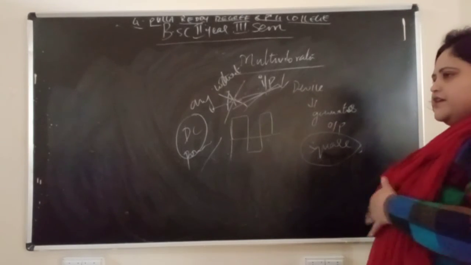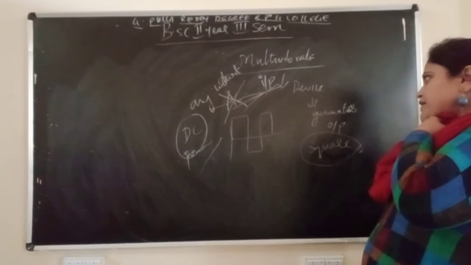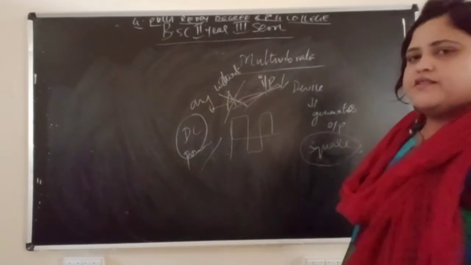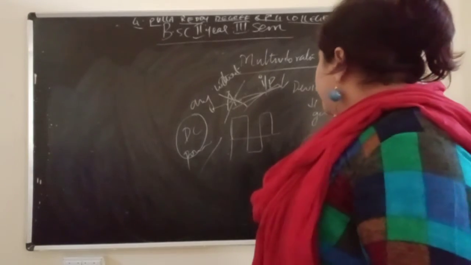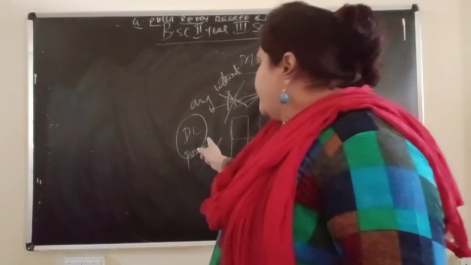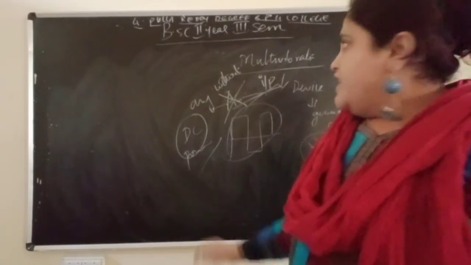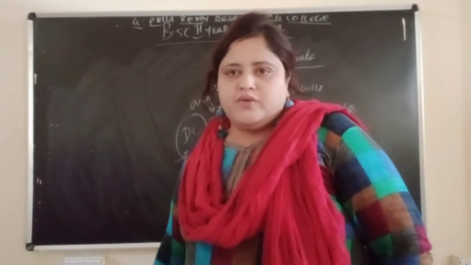As long as the DC power supply is connected to it, it will generate the output. That is known as a multivibrator. So a multivibrator is a device which will generate the output in the form of a square wave without any AC input, as long as the DC power supply is connected to it.